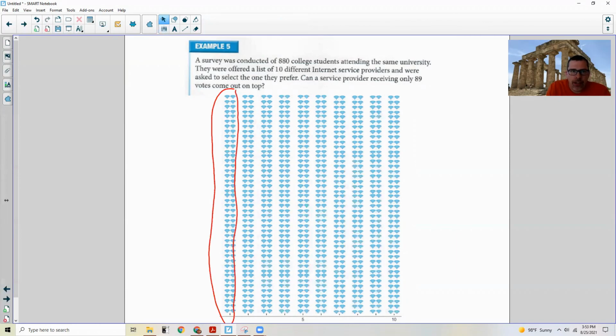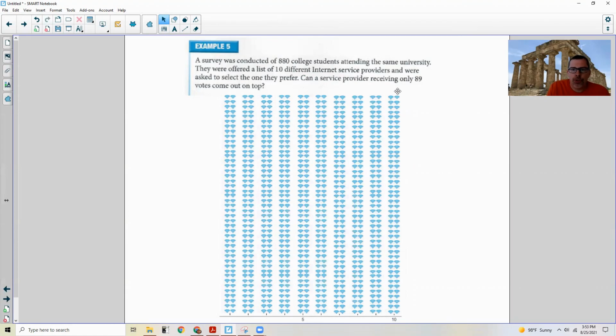So if I have 88 votes times 1, 2, 3, 4, 5, 6, 7, 8, 9, 10 companies, company 1 through 10, they all have 88 votes. There is no mode. They're all equal. This would be a 10-way tie. In that case, there'd be no mode.